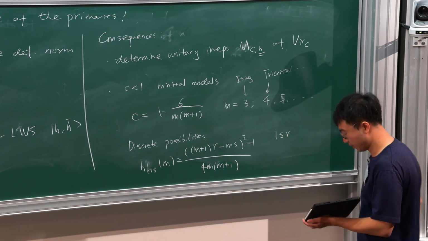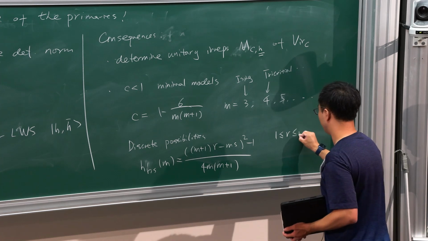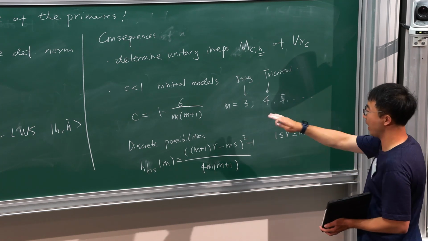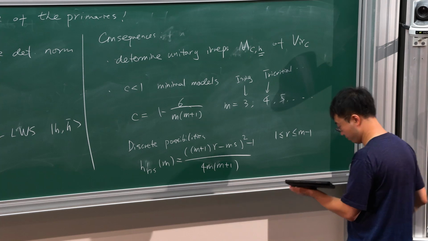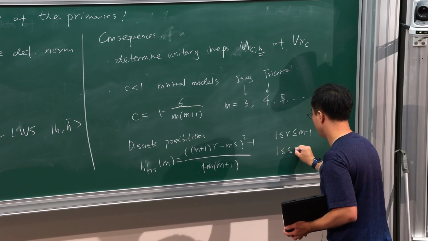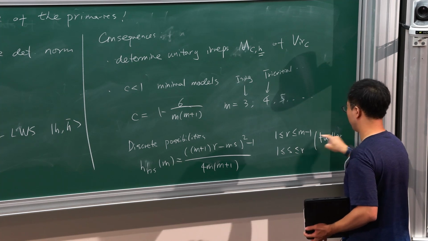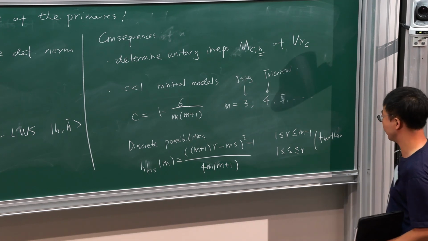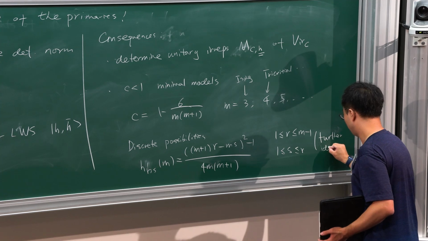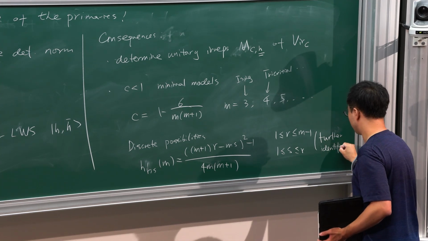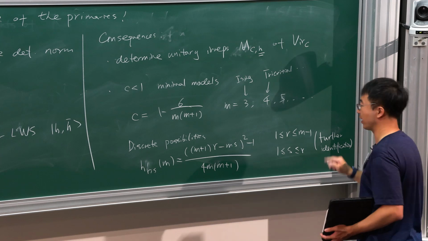They are positive integer indices. They are bounded by M, which labels these minimal models from above in the following way. And there's a further identification between this set of possible pairs R and S. Again, the detail you can find in the references provided. Okay.